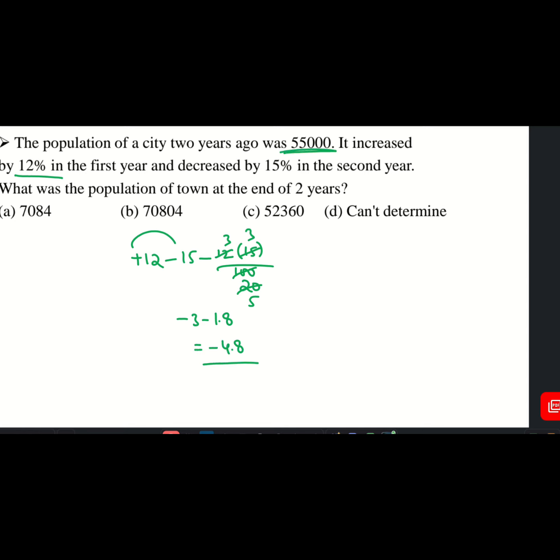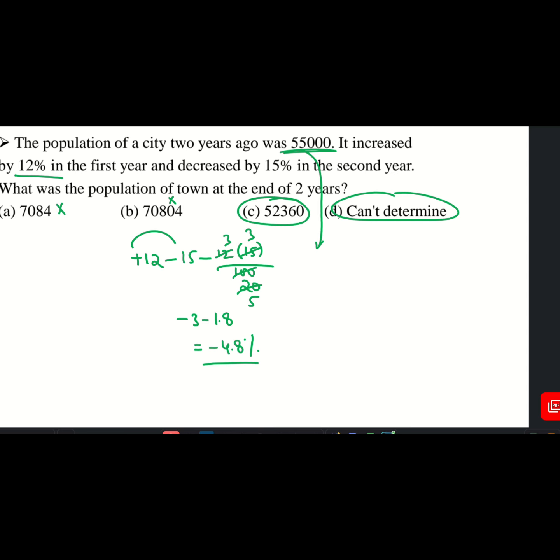The initial value is 55,000 and the population is decreased by 4.8 percentage, so the answer will be less than 55,000. So this is not the answer, it is not more than 55,000. Option D, can't be determined, but we are getting an answer. So the final answer will be 52,360.